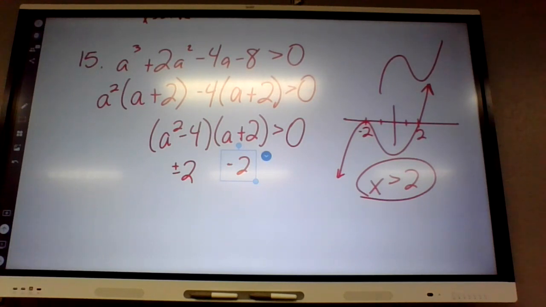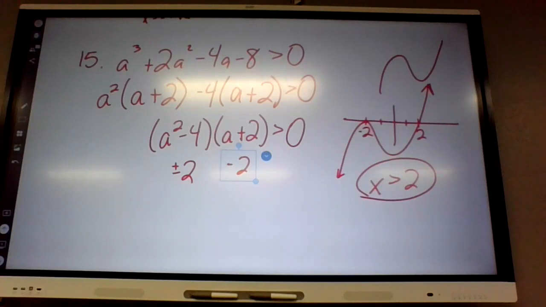How was number 5? No, number 6. So you go to y equals and you plug the function in. So it's like number 4. The problem is it takes a while to plug it in.